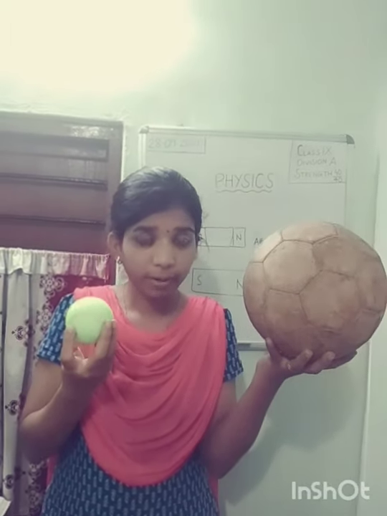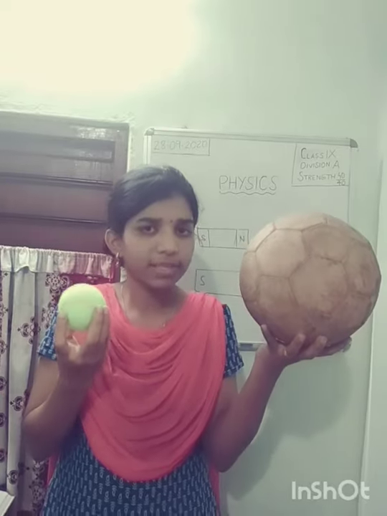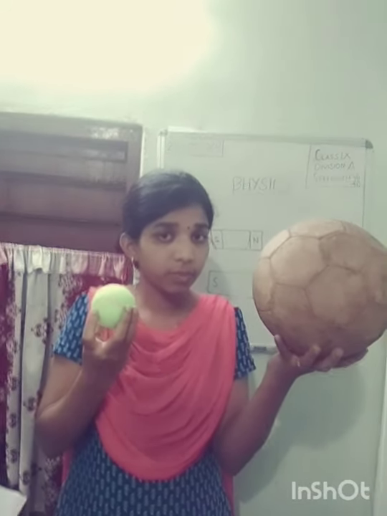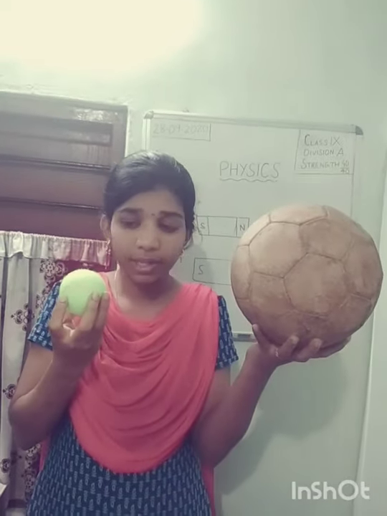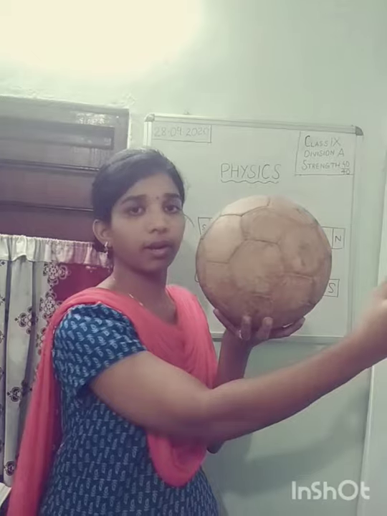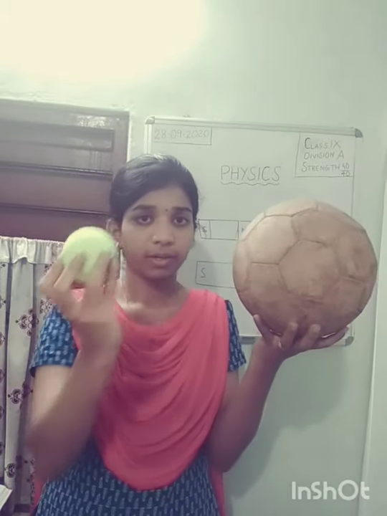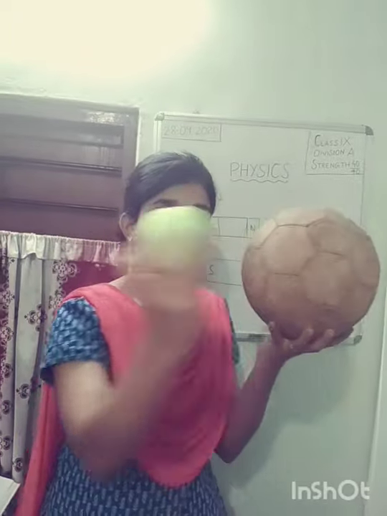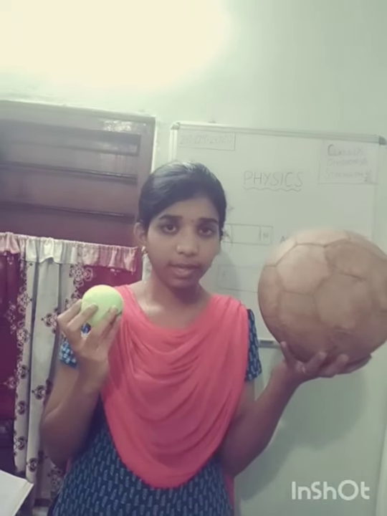Do you know about that? I think some of you know about this. What kind of force exists between them? We know that this moon is always revolving around this earth. So what makes this moon revolve around earth? Have you ever wondered about that?